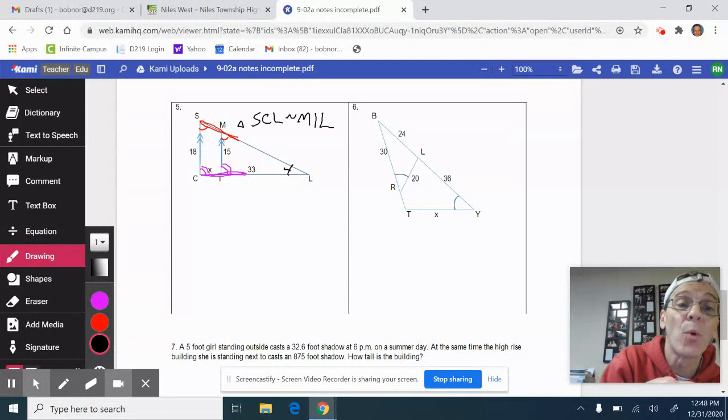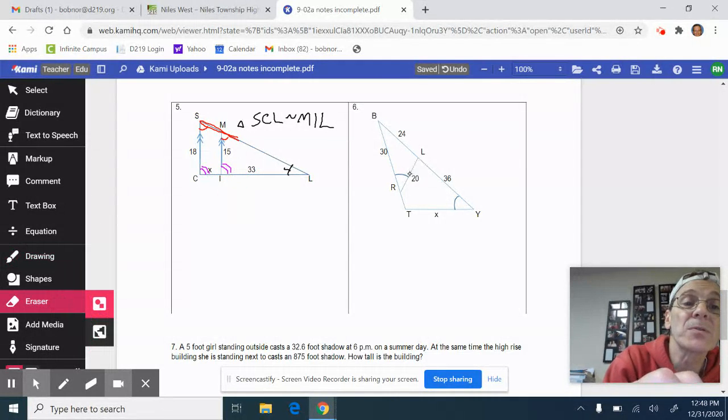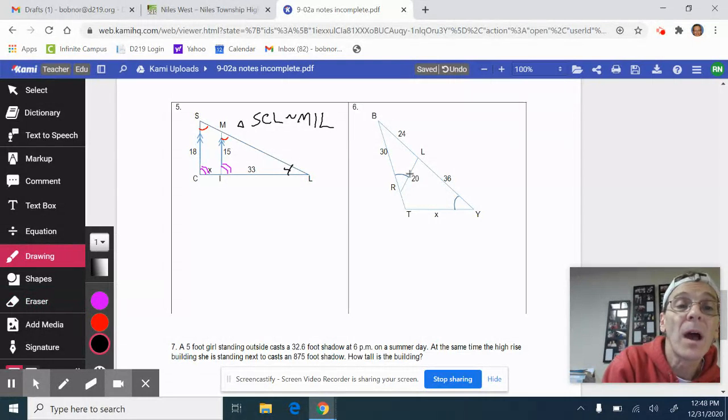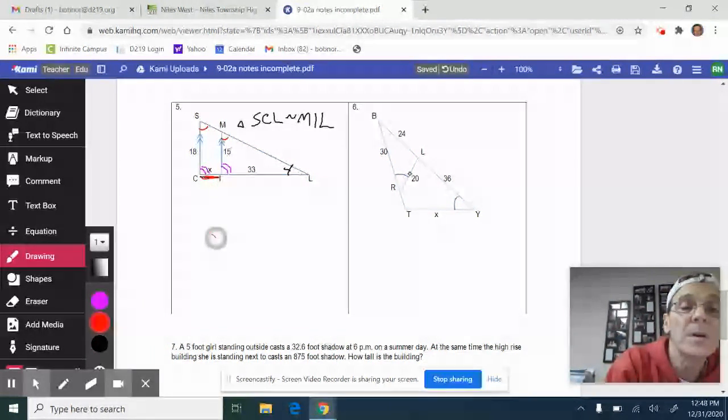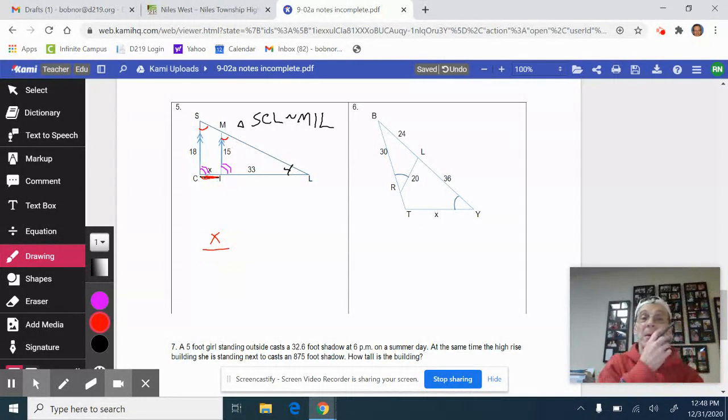This problem is even more complicated. Wait till you see why. Because, let me erase those transversals there. That x comes from segment CI. I'd like to start my equation with that x, but CI is not a side of a triangle.